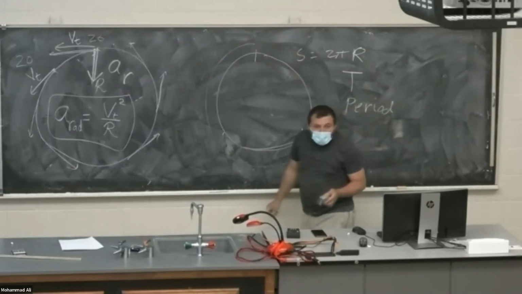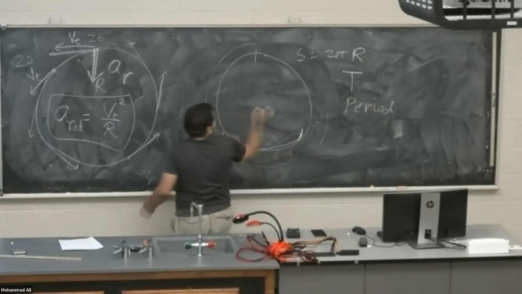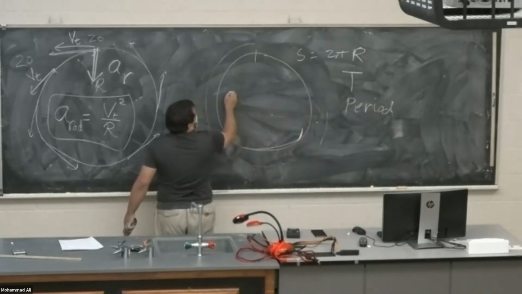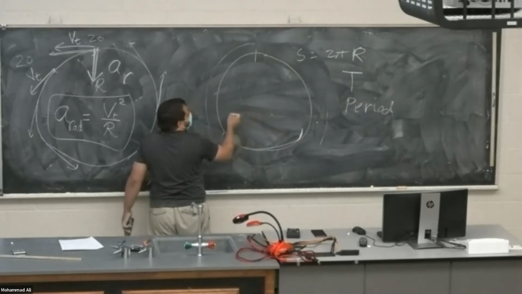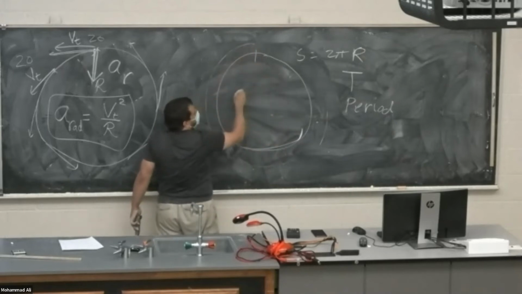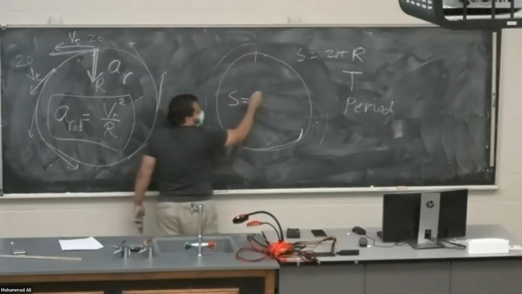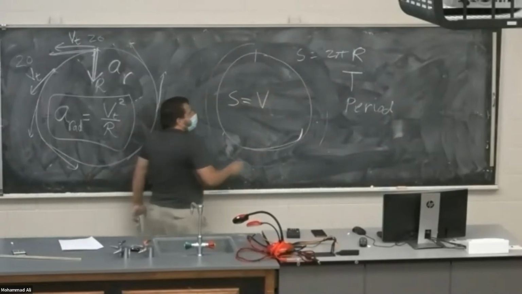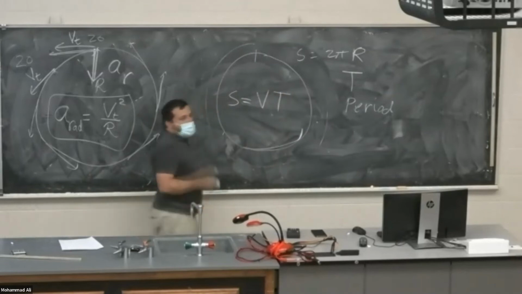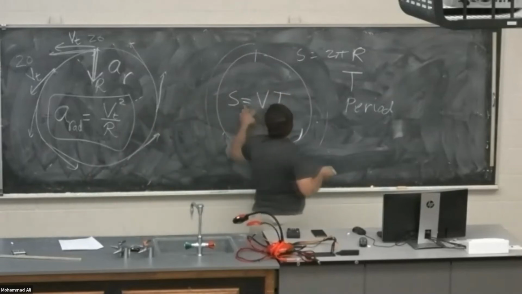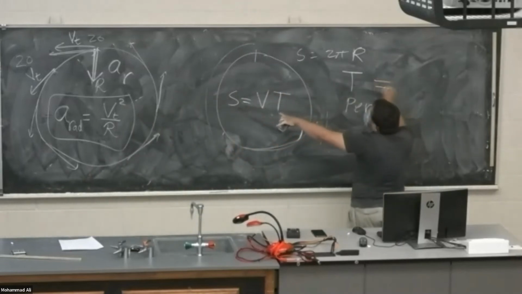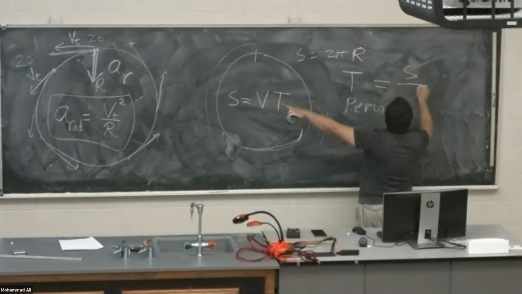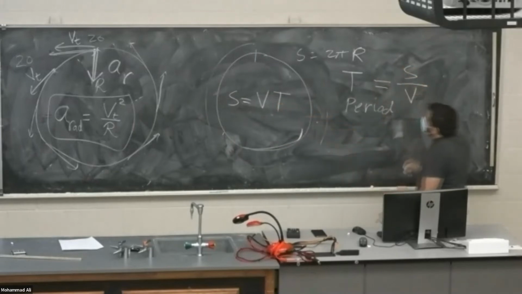From the velocity law, the distance, which I name S, is equal to the speed multiplied by the total time, which is the period. Okay, what is the period? It is the circumference, which is S, over the speed, which is V, tangential.